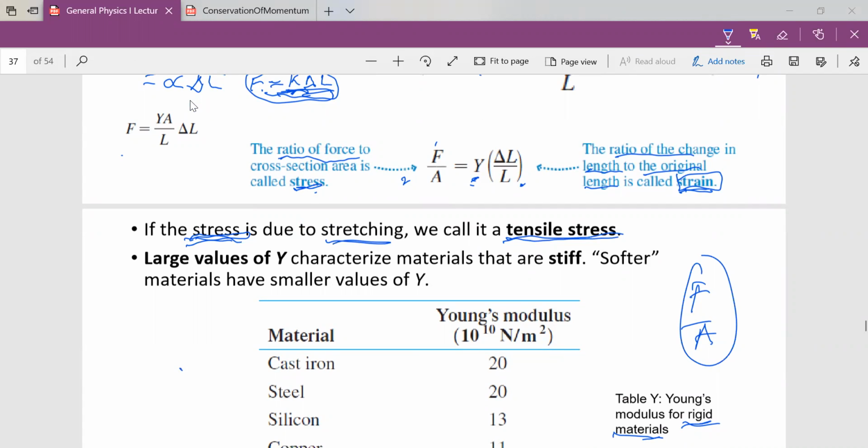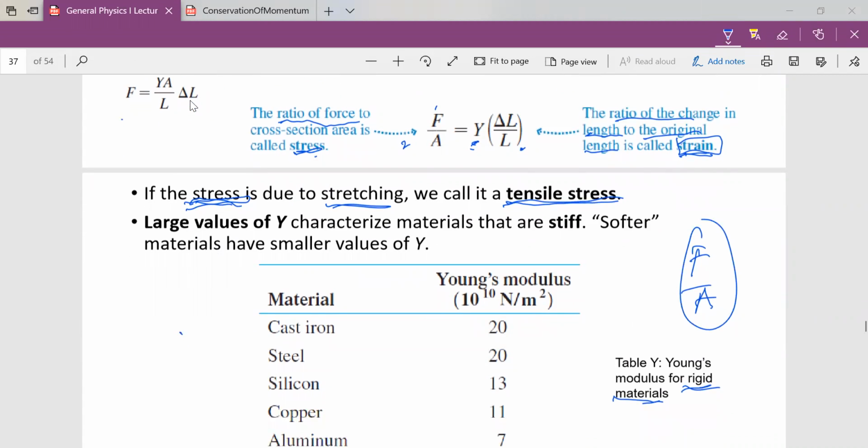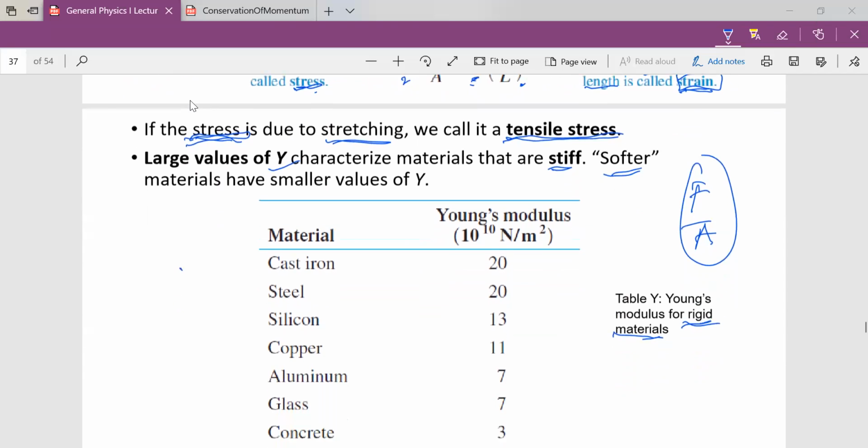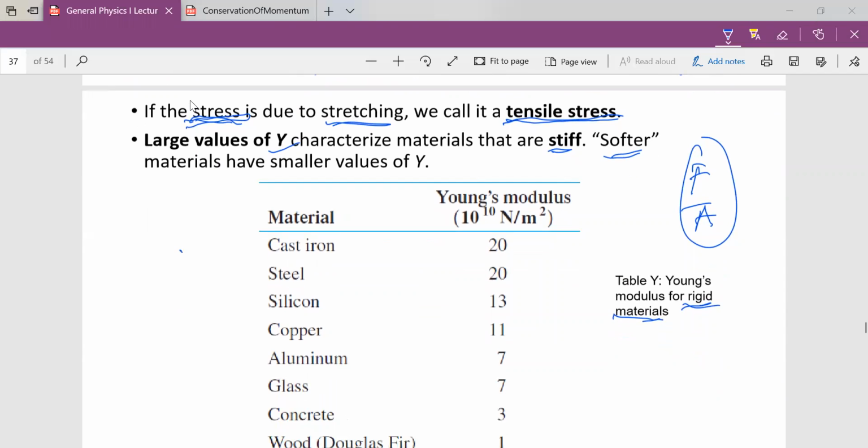And what we want to emphasize here is that a large value of Y, you know what Y is, the Young modulus, that value describes the property of a material or characterizes the material. When it's large, it means that the material is stiff. For smaller Y, the material is softer. That means it can easily be expanded or compressed.